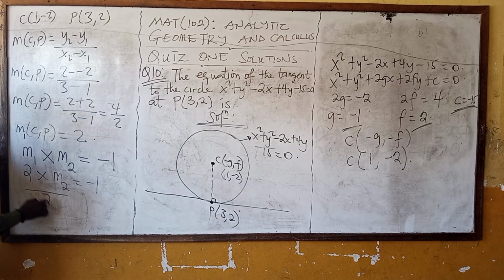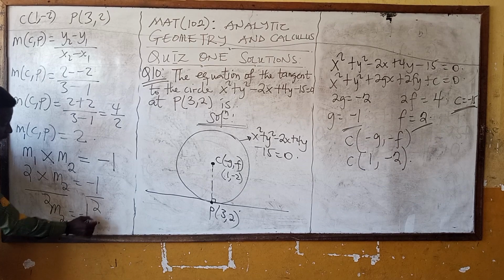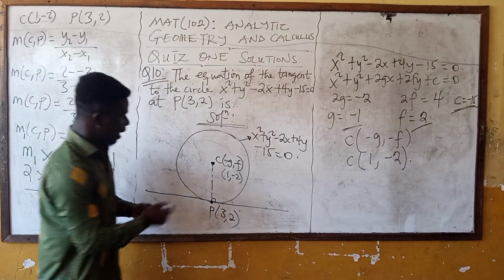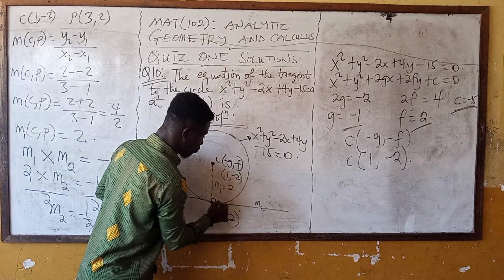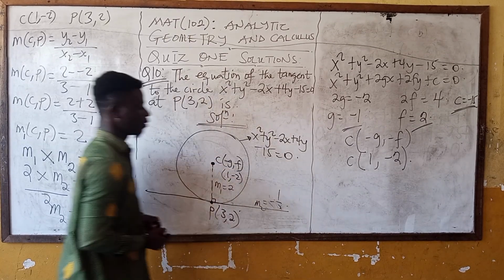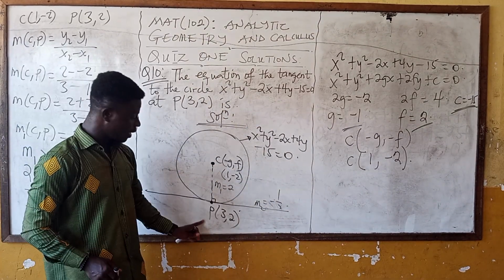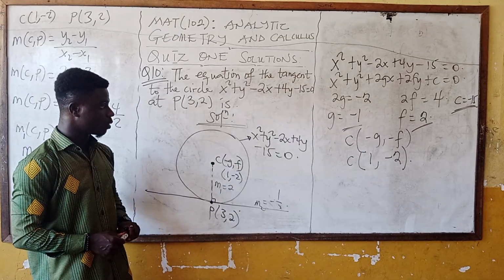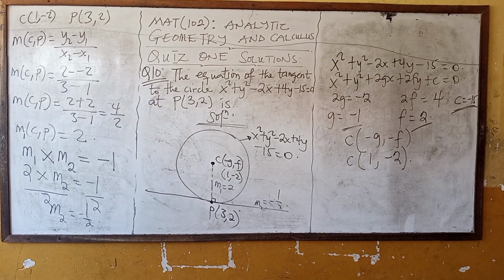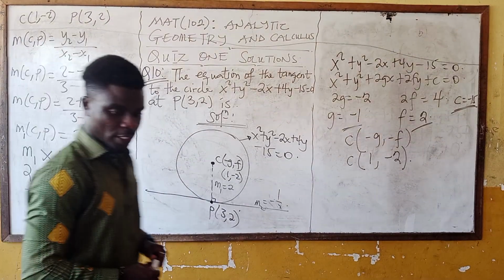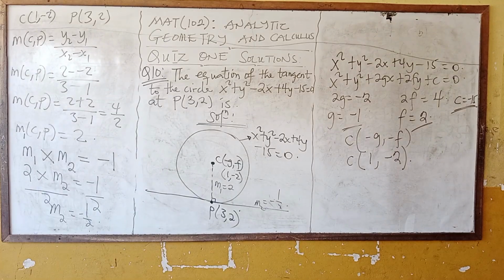We divide both sides by 2. So I get m2 to be negative half. So I use m2, then the point P(3, 2) to find the equation of the line.